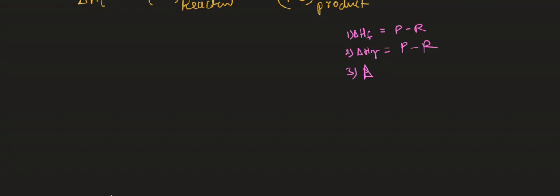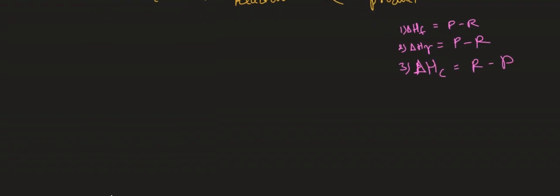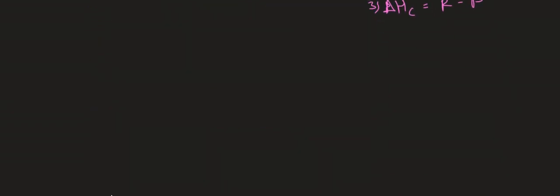The second one is heat of combustion, delta HC, where the formula is reactant minus product. Okay, right. So let us go for the next one, the third heading.